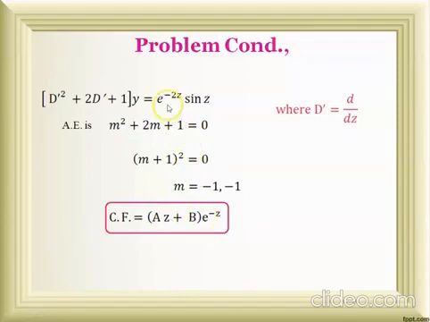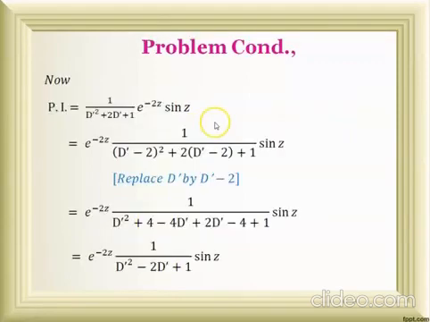After that, we move on to the particular integral. P.I. is equal to 1 by function of D into the RHS term. This looks like the fifth type category, exponential multiplied with trigonometric. In this type, we must replace d dash by d dash minus 2, because here a is equal to minus 2.